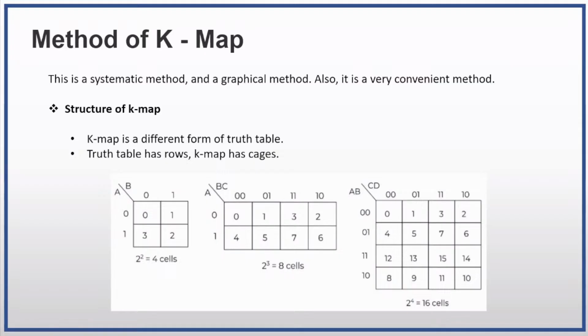So you will have a Karnaugh map with 4 by 4 cells. That means 16 cells. If there are only 2 inputs, there are only 4 cells in the Karnaugh map.